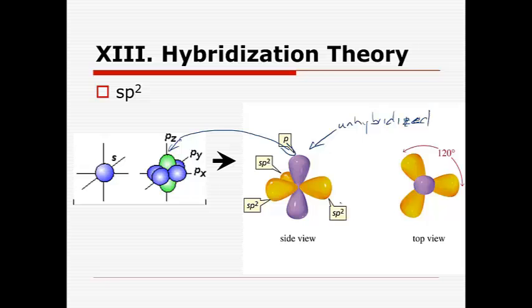You get 1, 2, 3 hybrid orbitals because you started with 1, 2, 3 atomic orbitals. Now these all go into a plane, bond angle 120 degrees. So basically this will give you the trigonal planar shape.